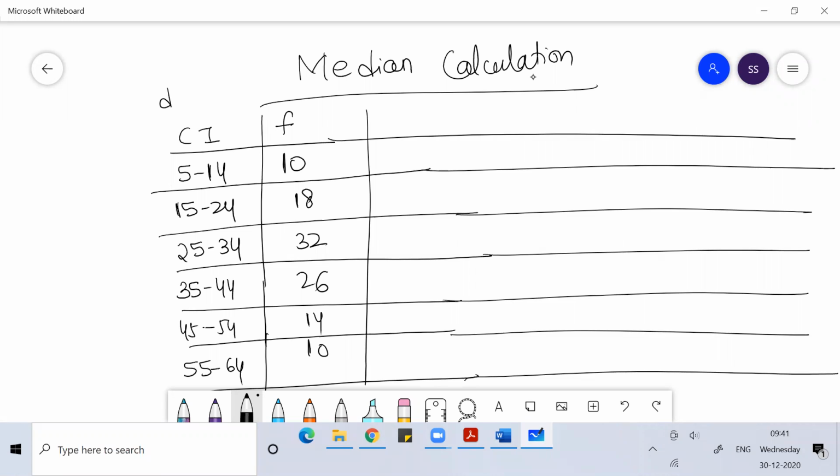Because this is a discrete class interval, you can make it into a continuous class interval. To do that, subtract 0.5 from the lower limit and add 0.5 to the upper limit.